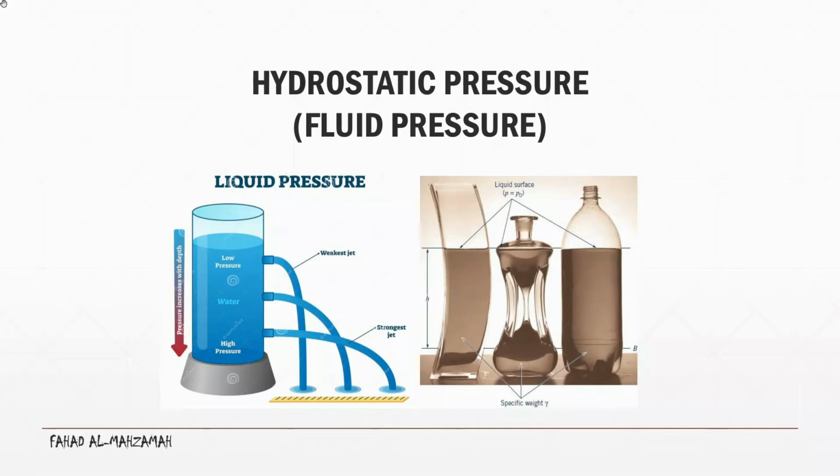Now, in this section, we will talk specifically about the liquids, the part of fluid which is the liquid. Here we will study the pressure of liquid, and we will see what factors affect the liquid pressure.